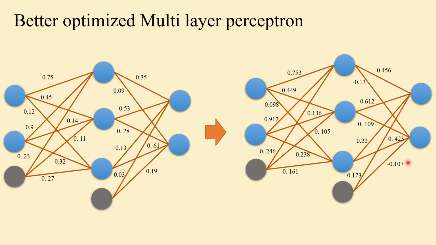So in that case there is no limit on the values of these synaptic weights. It can be 10, 20, 0.0075, or maybe minus 20. The final value of the synaptic weights doesn't depend on the initial value of the synaptic weights.